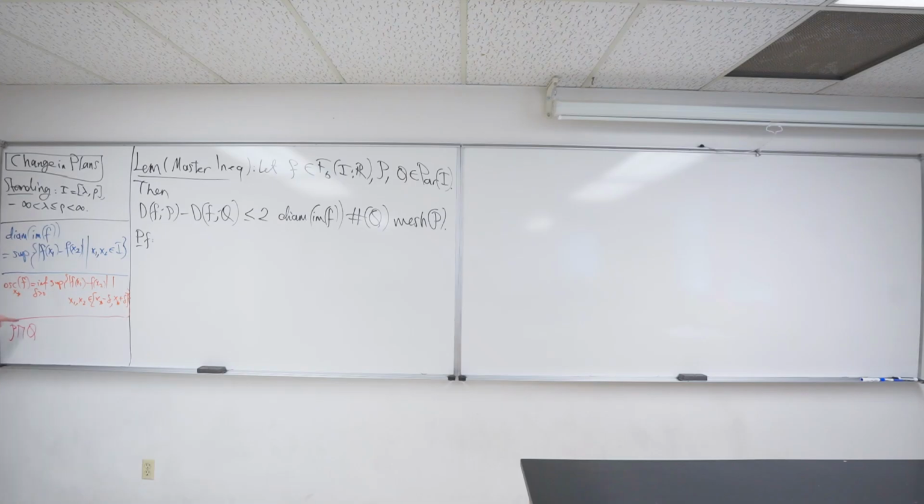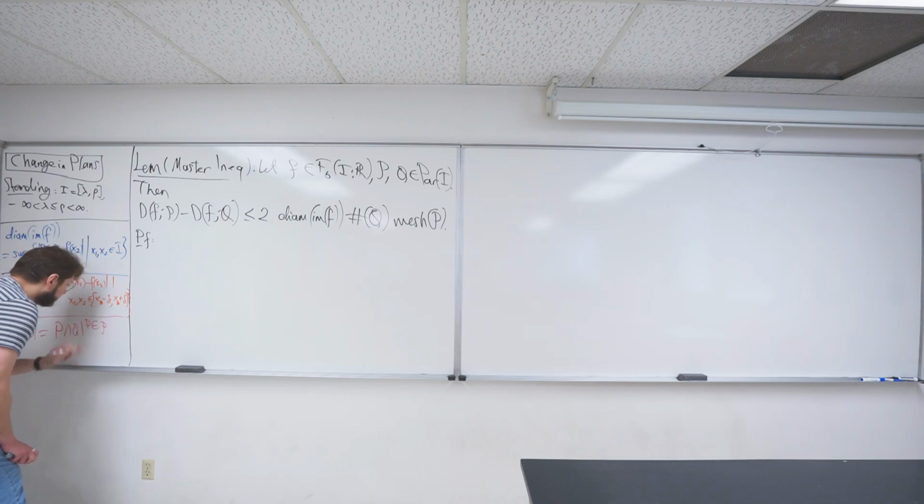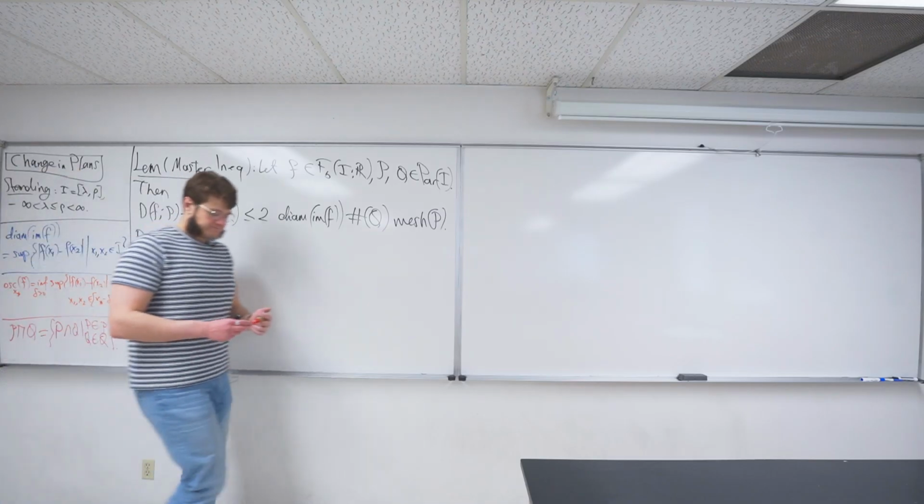If I have 2 partitions, I can basically shuffle their cut points to get yet another partition. So this is the partition whose terms, whose pixels, are of the form P intersection Q, if you want to be formal, where P comes from curly P, Q comes from curly Q. Coarsest common refinement is the name of this.